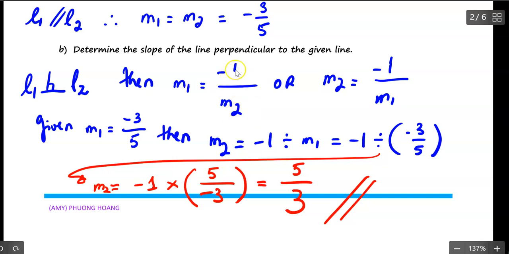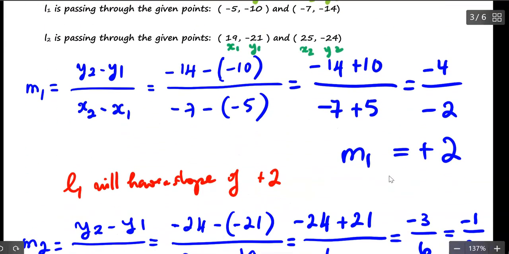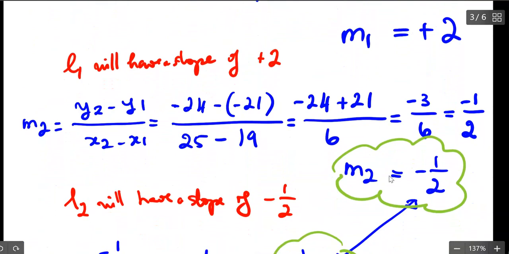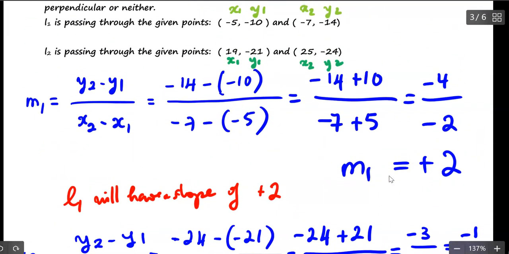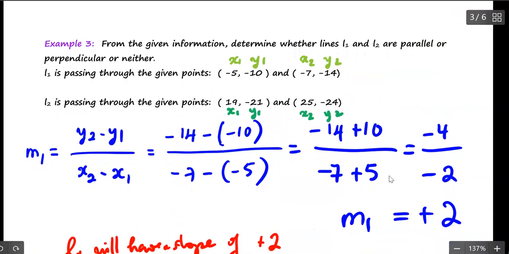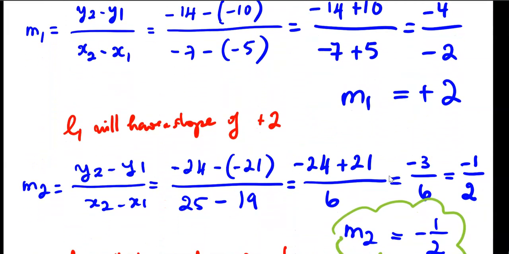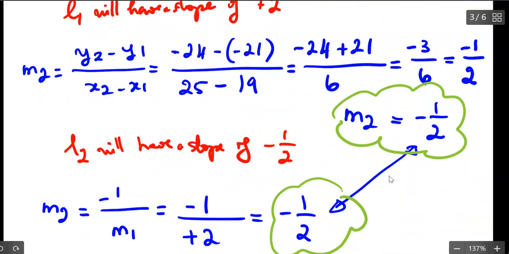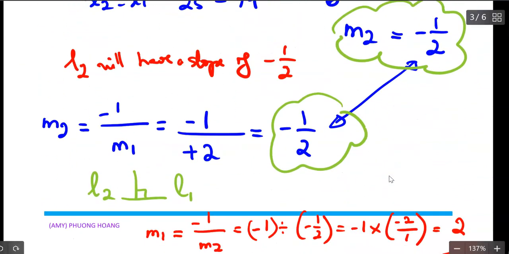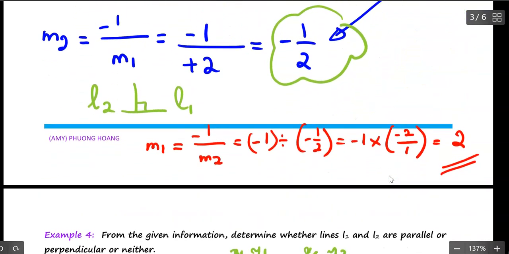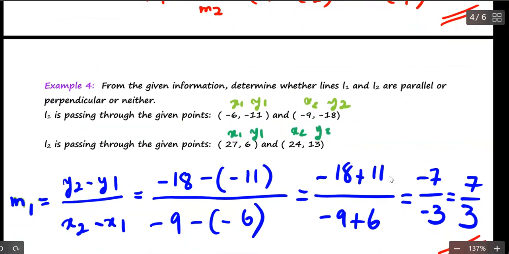From that, we can identify whether the slopes of the two lines are negative reciprocals, so they are perpendicular, or they are parallel, or neither.